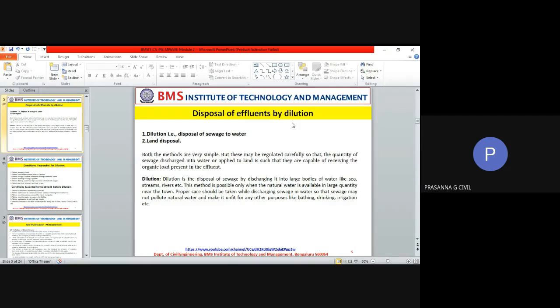And there are cities that sometimes when heavy rainfall happens, the quantity of sewage generated becomes more, and hence many treatment plants are unable to handle that load and they just let off the untreated sewage. So when you think about disposal, it can be either after treatment or sometimes even before treatment. This is the first thing that you should understand about the disposal of effluent.